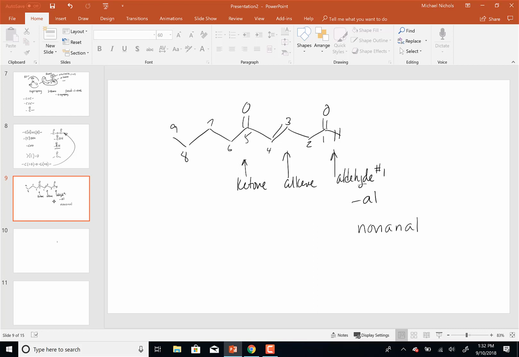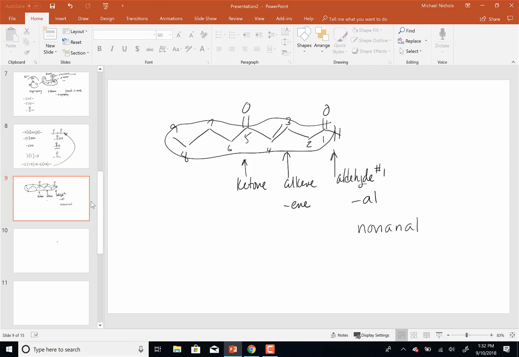So then I look at my other two functional groups and I determine, well, can they be part of the longest chain? And the answer is double bond, yes. Ketone group, yes. So the longest chain includes those two functional groups, but they are not the number one priority. So if I want to know what to call the alkene, I go to the chart and it says ENE. So we've done that before, right?